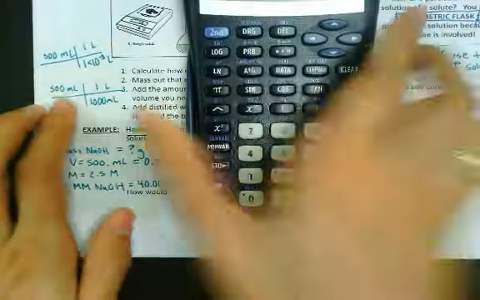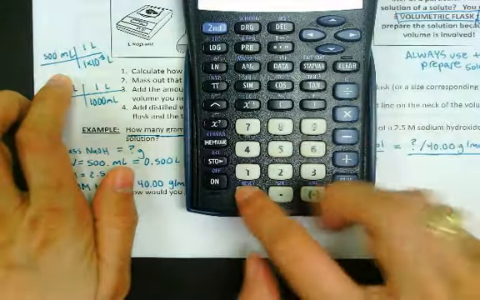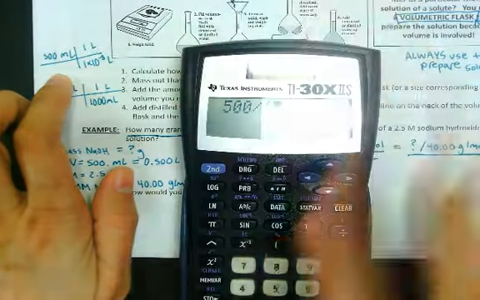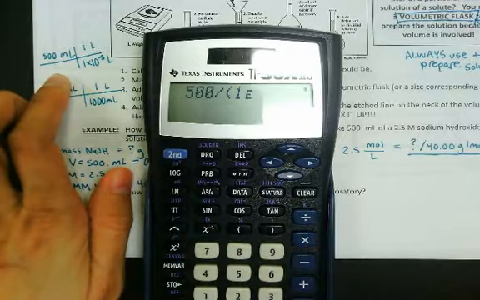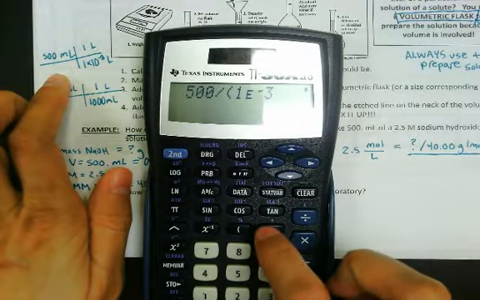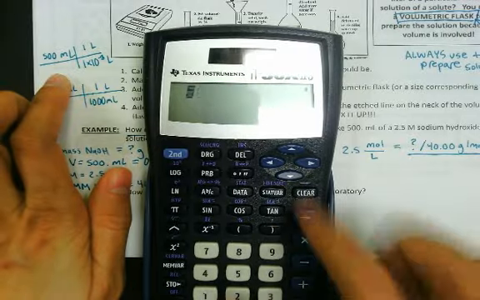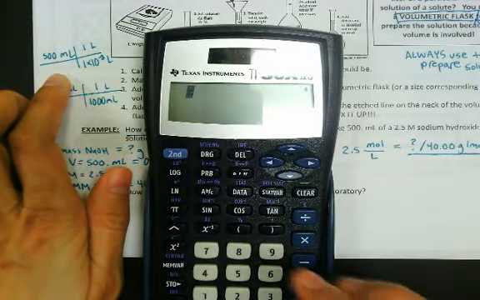If you do this here, you can get the same thing. 500 divided by, here you go, 1 second EE to the negative 3. Or, I did this wrong. I'm so sorry, y'all.